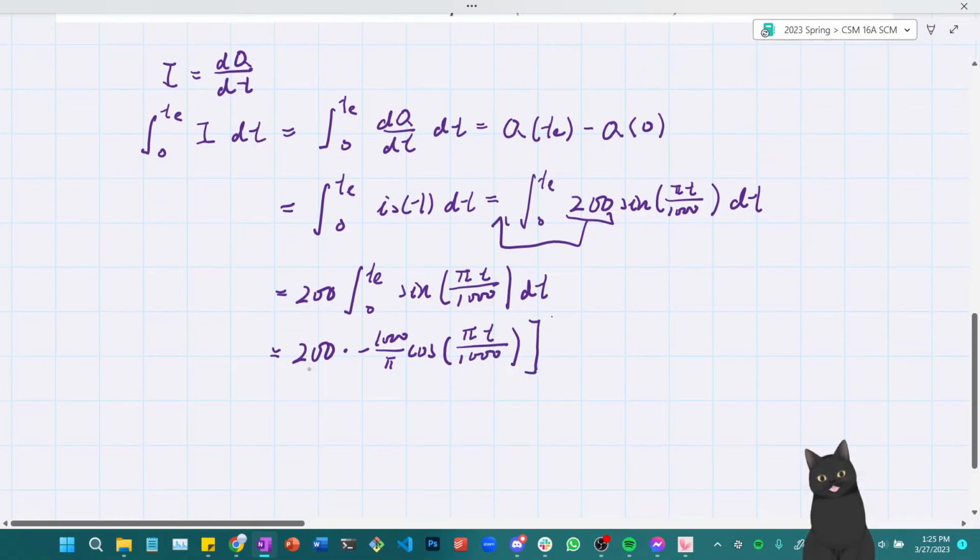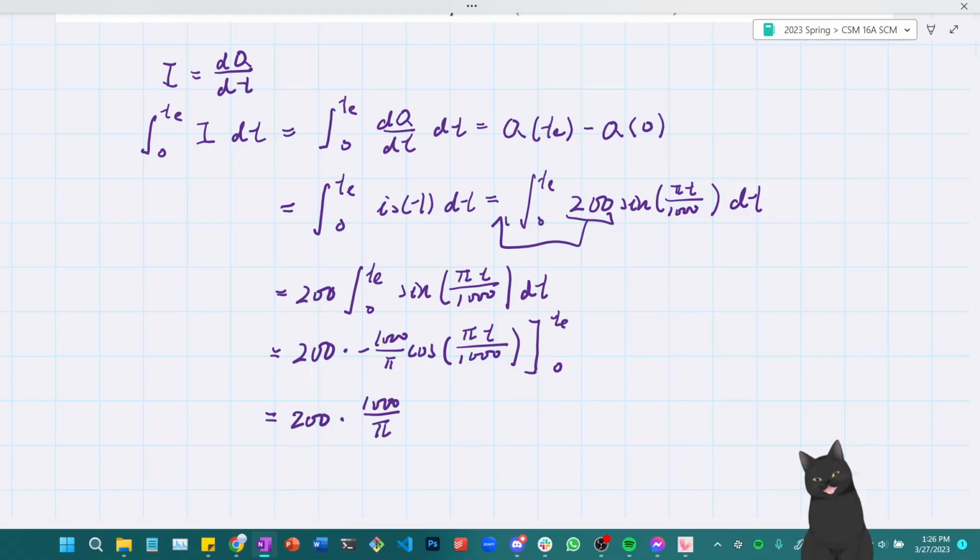And note that I have to do this from 0 to te, which is equal to 200 times 1000 over pi, which I'm putting at the beginning so that I don't have to care about it later, times negative cosine. t is 6,000 seconds, so I'm going to substitute 6,000 here, so that's cosine of 6 pi, minus negative cosine of 0.